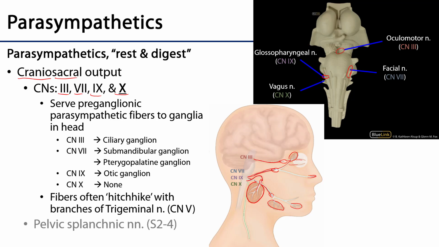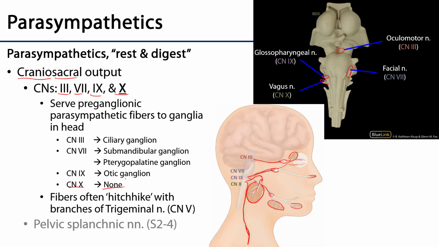And then cranial nerve 10, the vagus nerve, is going to be a very big player in the neck and the autonomics of the thorax in particular, and then the autonomics of the abdomen, but there are no ganglia that are served by 10 in the head.